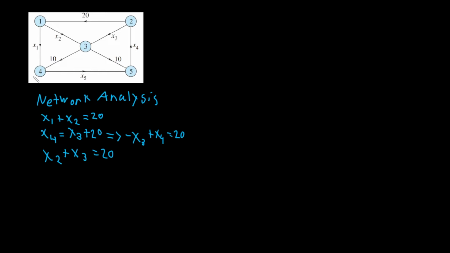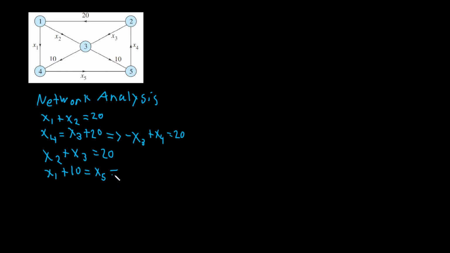So the fourth junction, which will create our fourth equation, will be flow in, which is x1 plus 10, is equal to flow out, which is x5. So x1 plus 10 is equal to flow out, which is x5. Once again, we always have to rearrange to solve for a constant, so we want to move all of the variables over to the left-hand side preferably, and the constant over to the right-hand side.